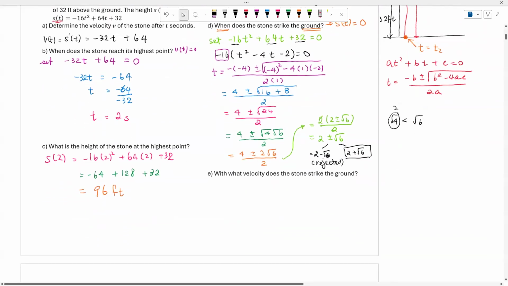So then now the last problem is with what velocity does the stone strike the ground? Okay, so right now we would like to work with the velocity. So again, we know that v of t is negative 32t plus 34. And then in this case, when t equals 2 plus root 6, it hits the ground, so therefore I'm going to evaluate v of 2 plus root 6.